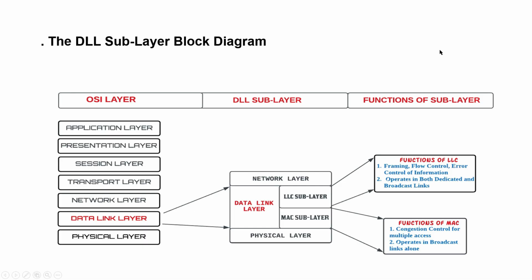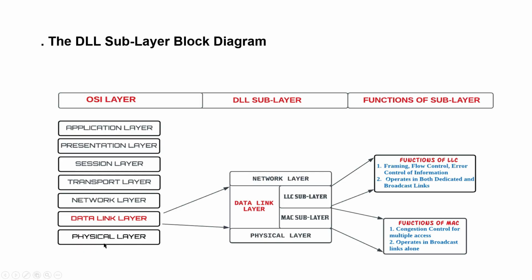Now I will explain this diagram. This diagram explains the data link layer sublayer block diagram. The first is the OSI layer, and the second is the data link sublayer and the function of the sublayer. The OSI model has seven layers, which everybody should know.